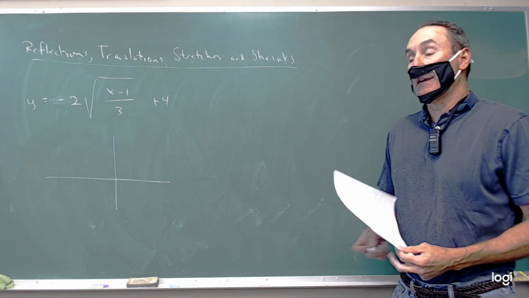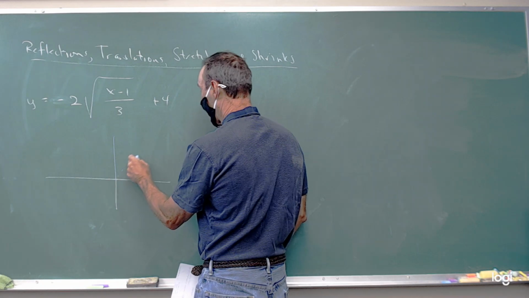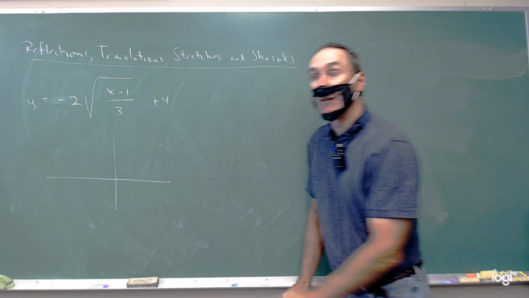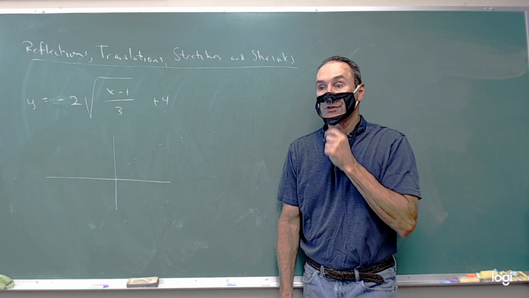So hopefully in our head anyway, we know that the square root of x, this is our parent function. It's the top half of a sideways parabola. So that's what we're starting with.